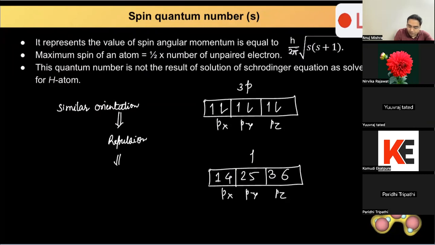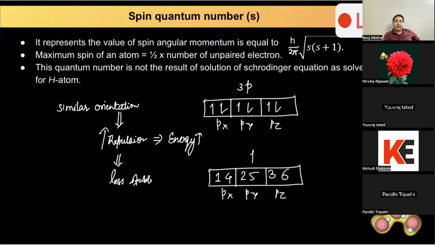More repulsion means less stable. So repulsion is more. You can say energy will also increase. These are some fundamentals that you should know. Wherever repulsion is increasing, energy will also increase, and that will be less stable.